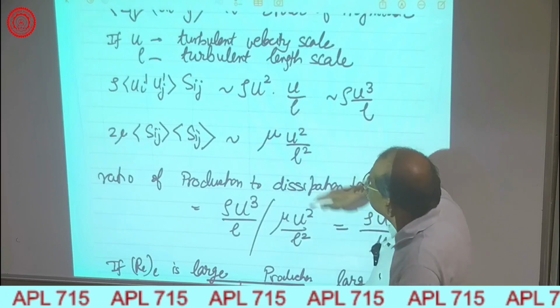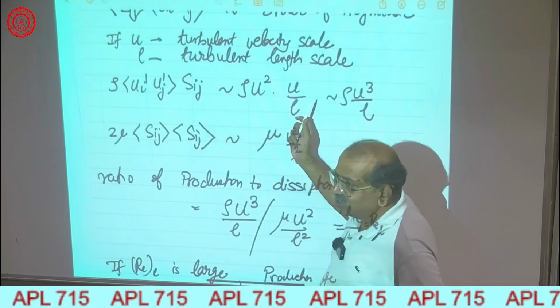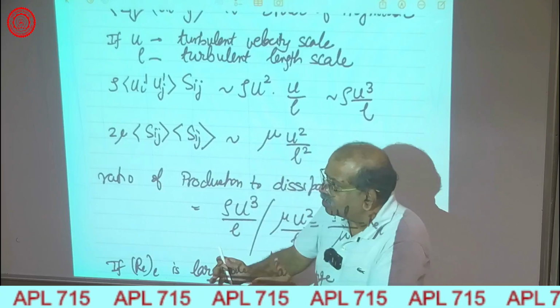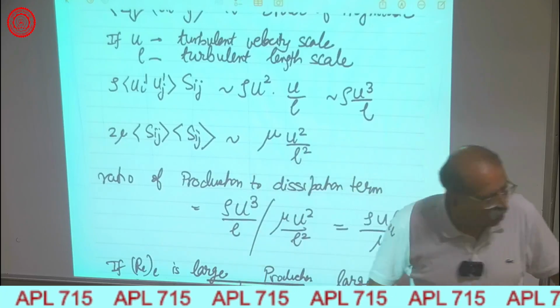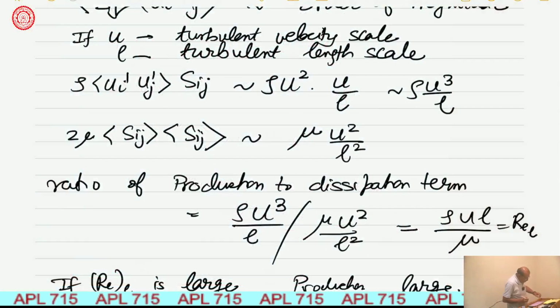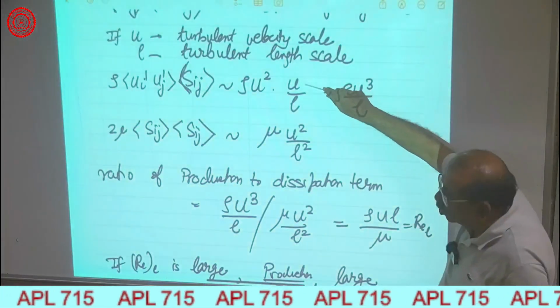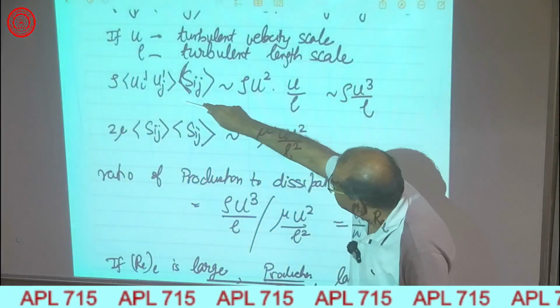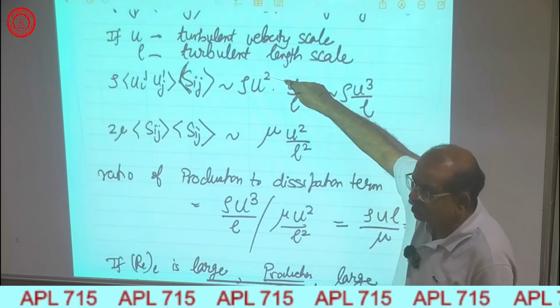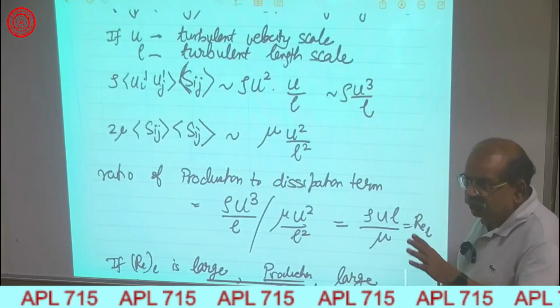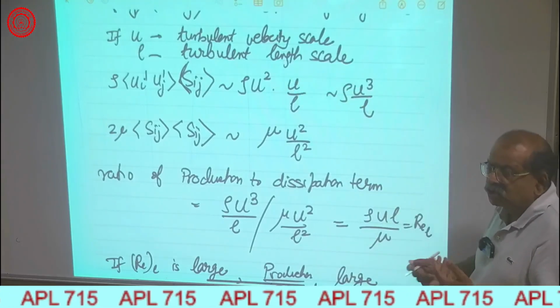See, here that is what we are doing, that Sij is being scaled as u upon l. Sij is a mean quantity. In fact, I forgot that mean there. There should have been a mean here also. The mean of Sij is being considered as u upon l, and the turbulent kinetic energy is u square.